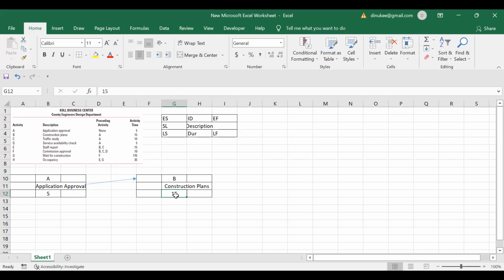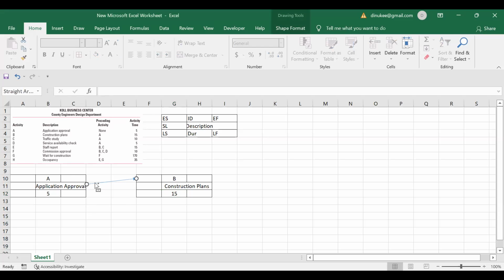And the activity time is 50. Right. So firstly, when you are drawing this network, you have to just put the activity ID and activity time and draw the network in a correct manner. Right. So if you see the activity C, the activity A is a preceding activity. Therefore, you have to put an arrow from here again. So after completing activity A, you can start to do your activity C as well.